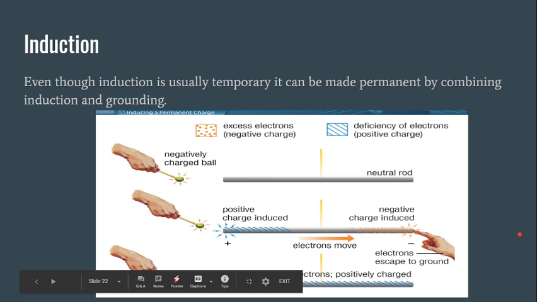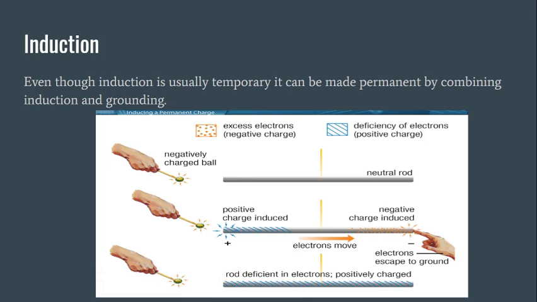This means that the rod at the end is now positively charged, and so it has no electrons, so it stays positively charged, and it will not change unless something else happens to it. Something has to happen for it to change. This process is permanent, and it's even something that you can do to a certain extent. Now, that is the end of what we were talking about today.